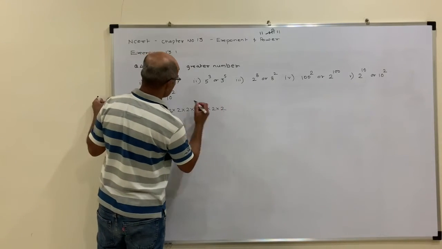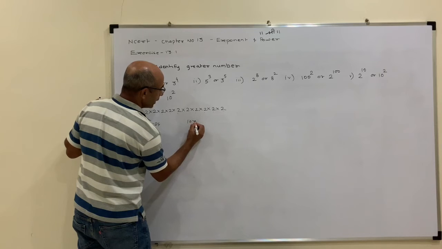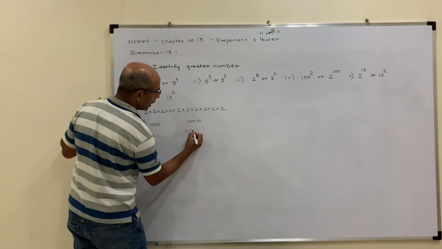Whereas 10 raised to 2 comes out to be 10 into 10, that is 100.